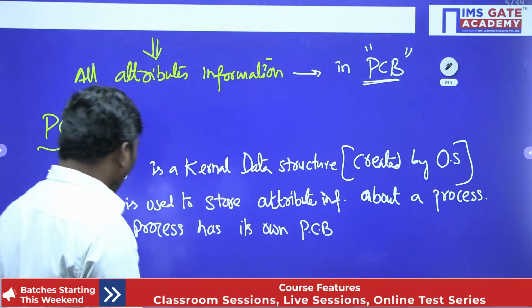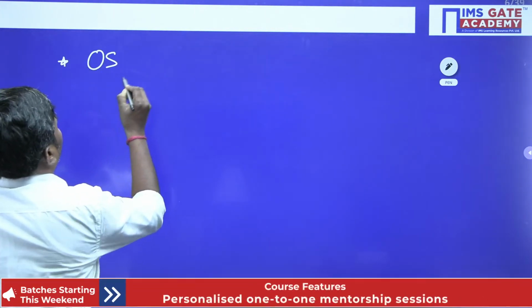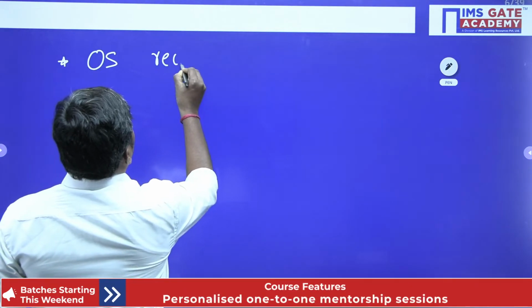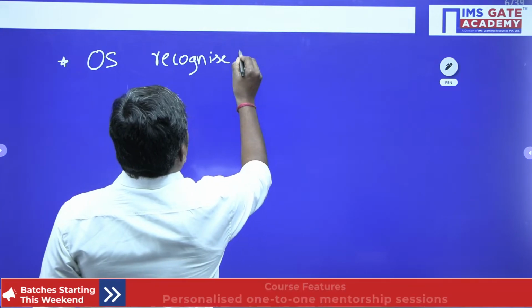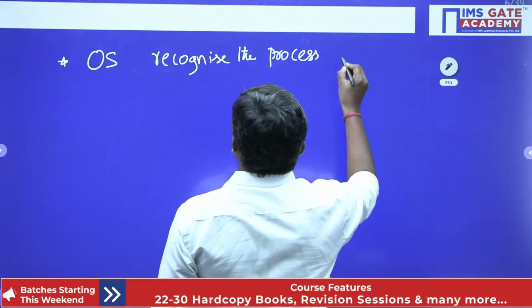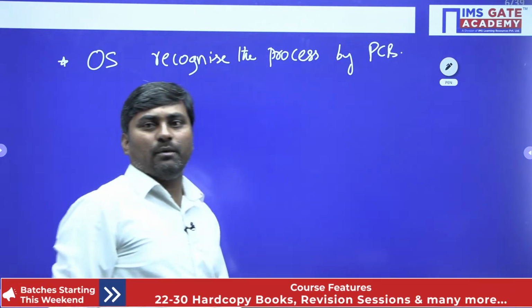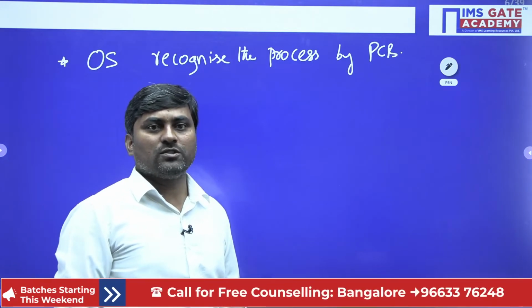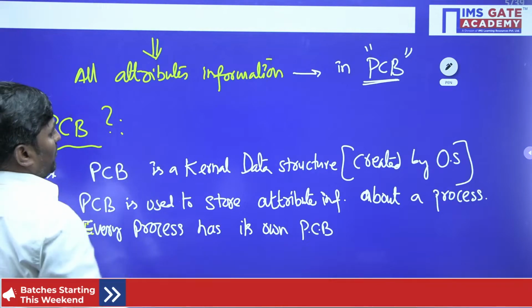So what I am trying to say here is that the operating system recognizes the process by PCB only. PCB is not shareable, because every process has its own separately. Is it clear, all of you?